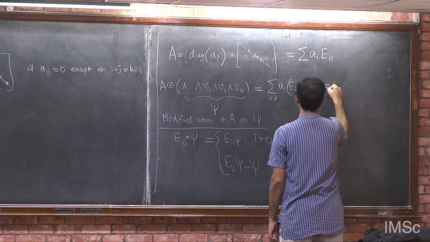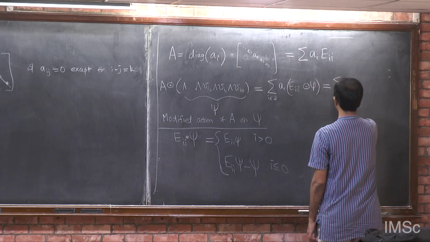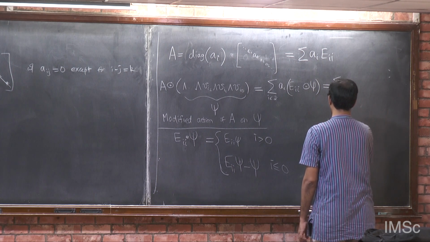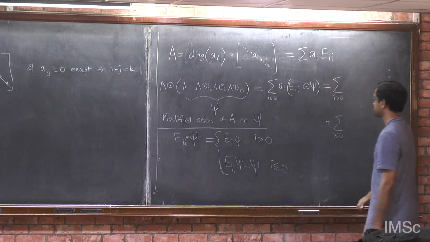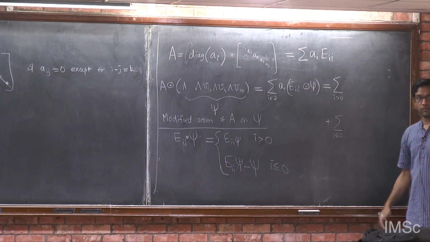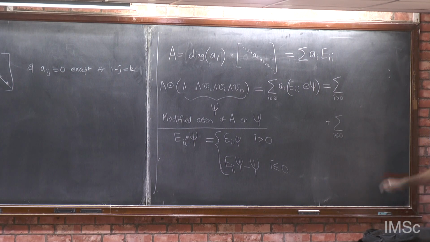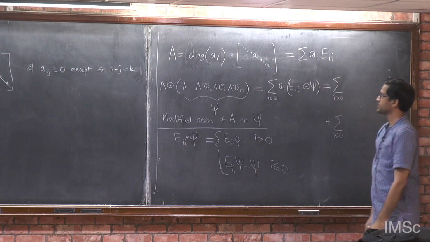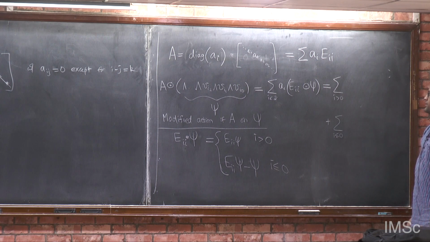Now let me split it again into two pieces. If i is positive, the action is defined one way, and if it's negative, it's a different action. a_i E_ii is just another name for this diagonal matrix, if you wish.